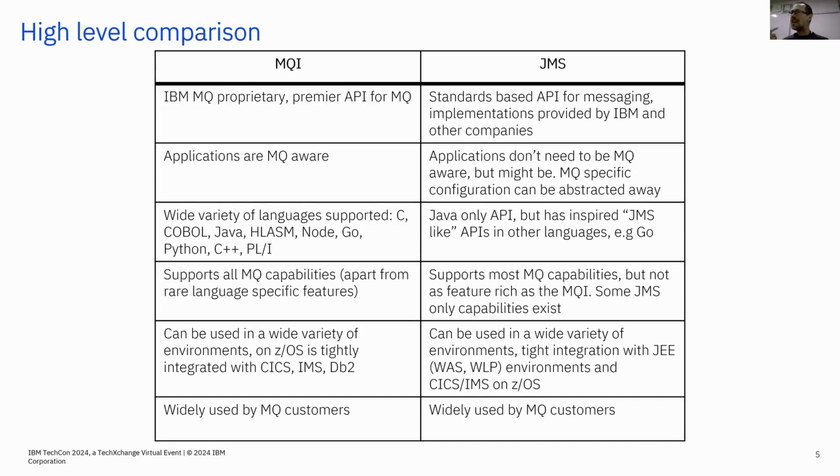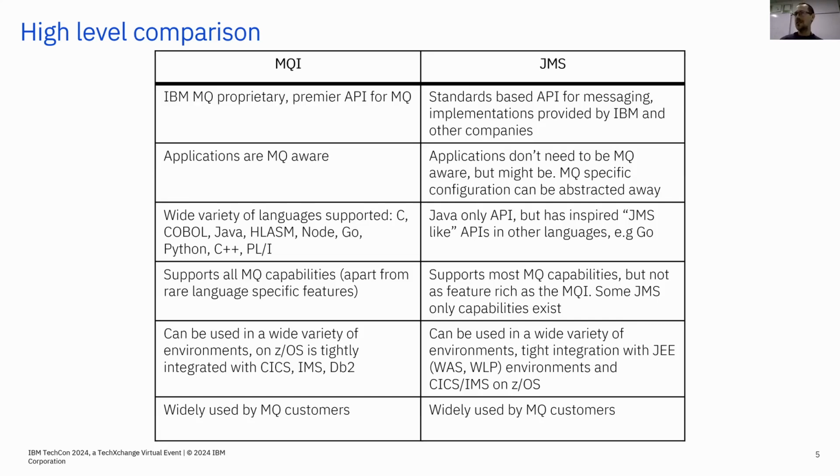So there is quite a different approach, of course, because it's messaging. It's got the idea of messages and queues and topics and all those sorts of things, but it's not an exact one-to-one map to the MQI, and you'll see that in detail on the following slides. And with the MQI, obviously, it's an MQ-specific API. Therefore, any applications using it are very specifically MQ aware. With JMS, your apps may or may not be MQ aware.